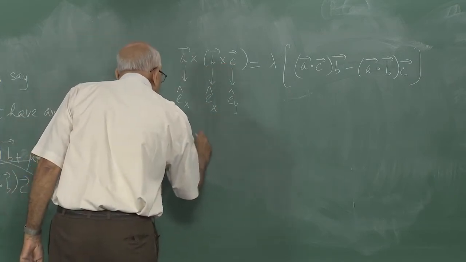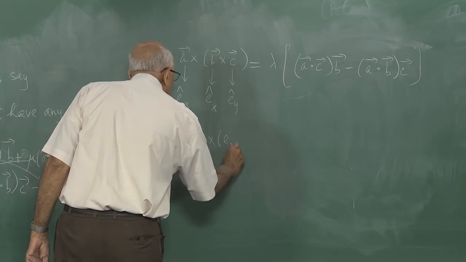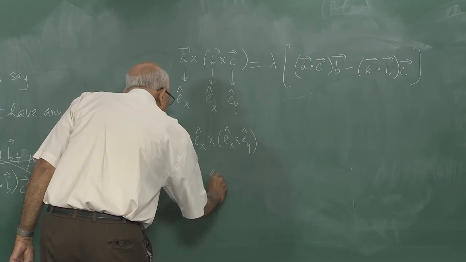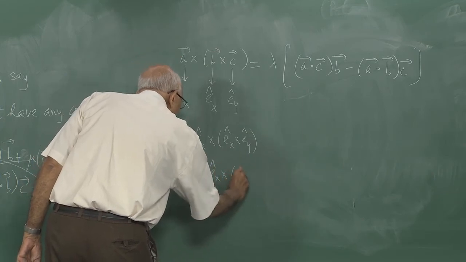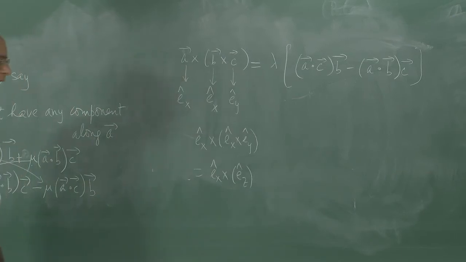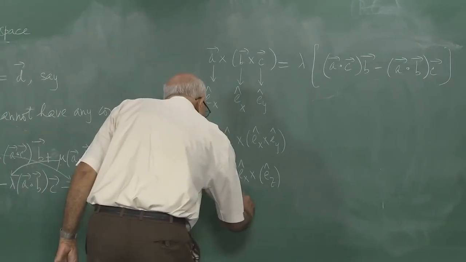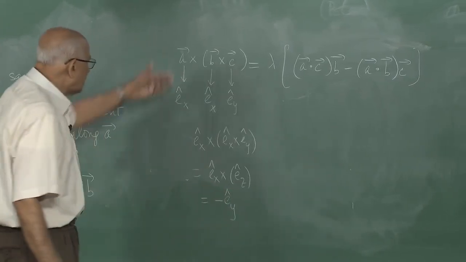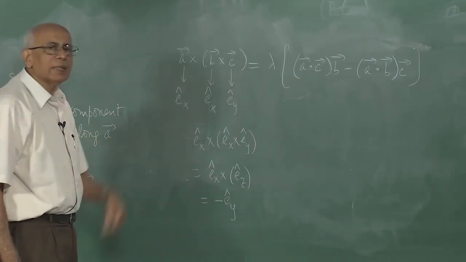We know that Ex cross Ey is equal to Ez, because that is what Ex cross Ey is for this right handed triad. So Ex cross Ez is equal to minus Ey. So on the left hand side in this choice I get minus Ey.